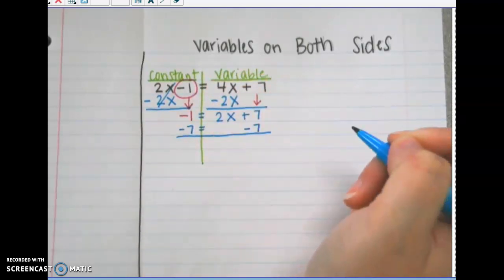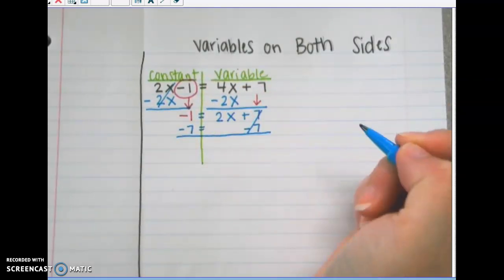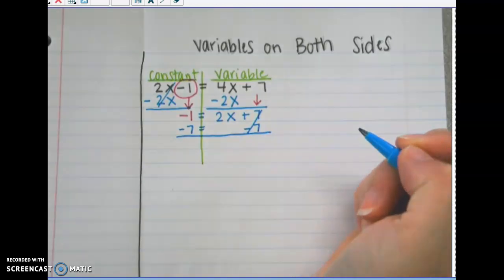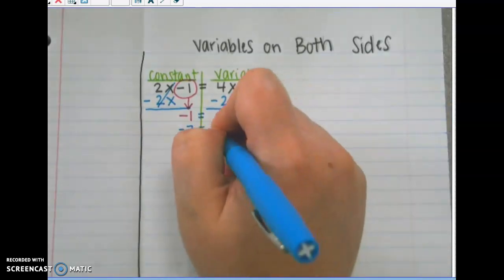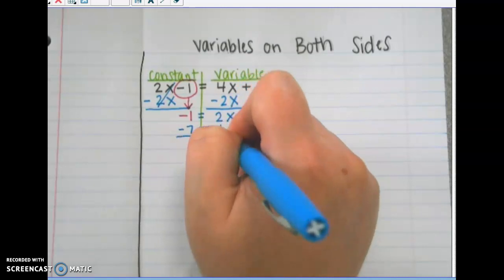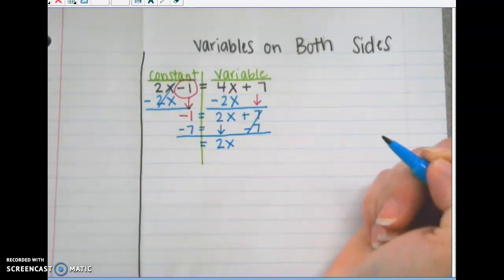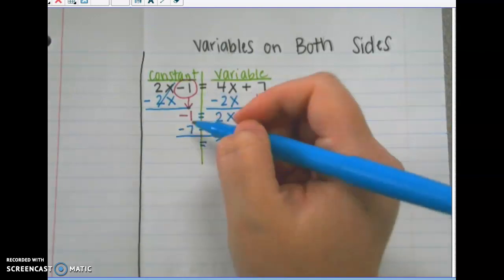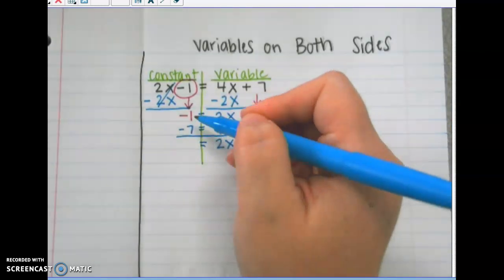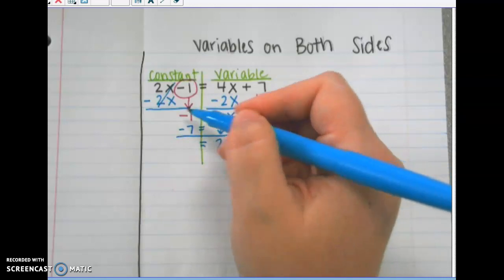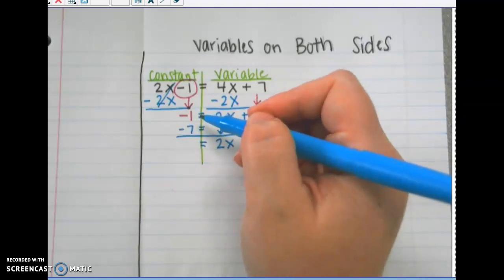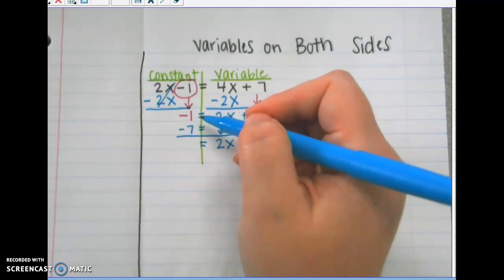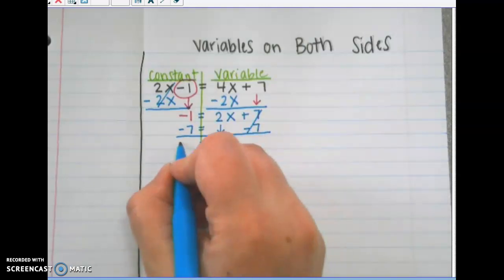So I'm going to subtract 7. So that will cancel. Now my variable side has 2x. And I have to actually combine what's over here on my constant side. So use a calculator if you need to until you understand how to solve equations, but -1 minus 7 is -8.